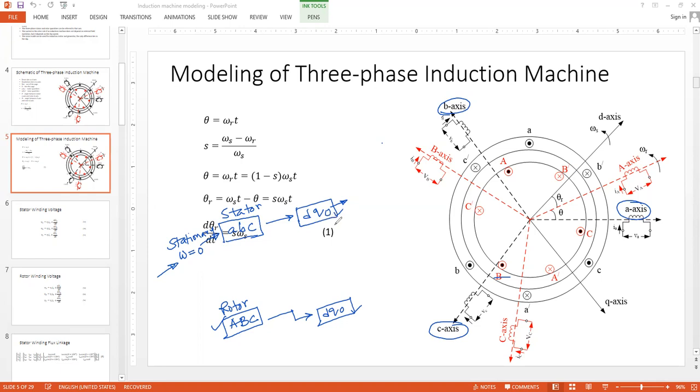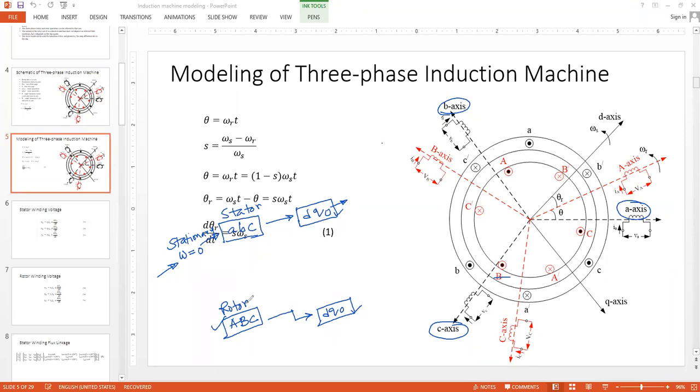Below synchronous speed, rotor speed. Okay, I will come to that later on.